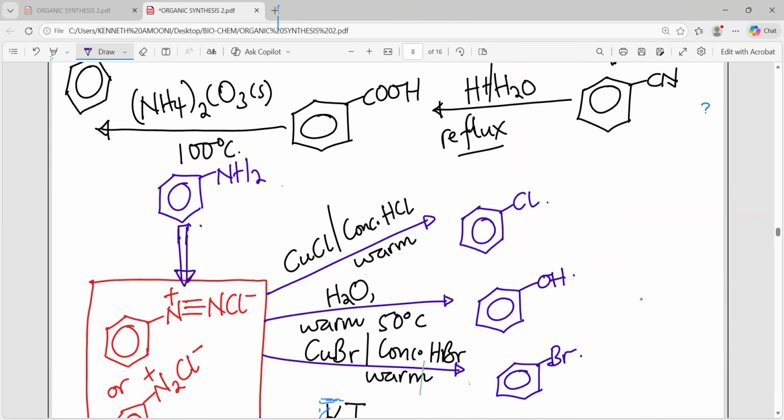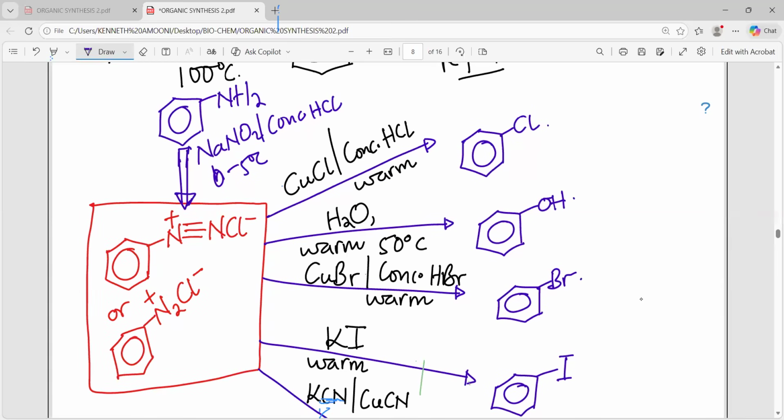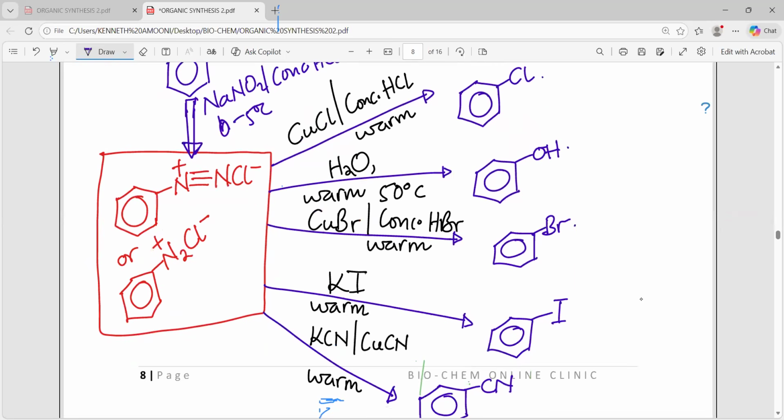You're going to have sodium nitrite in the presence of concentrated hydrochloric acid, and then you're going to have it between 0 to 5 degrees Celsius. Now, these are also very key when you're carrying out organic synthesis. Make sure you take note of them.